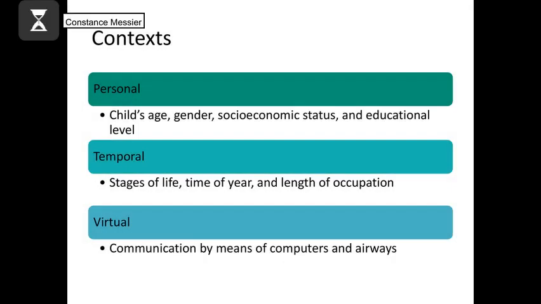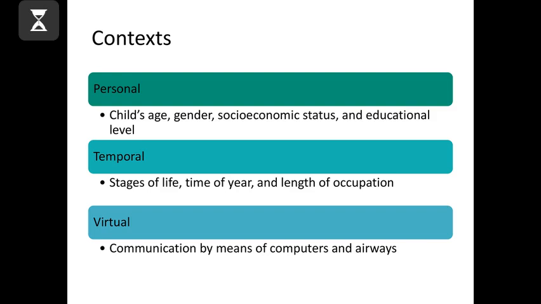Continuing on, personal can be the child's age, gender, socioeconomic status, and educational level. And what the text gives as an example is a 2-year-old boy from a rural community will have different goals and enjoy different activities than a 10-year-old girl from an inner city.